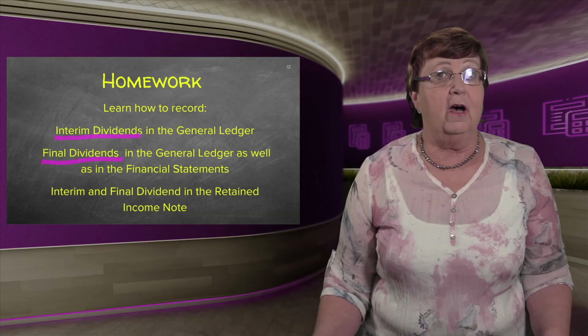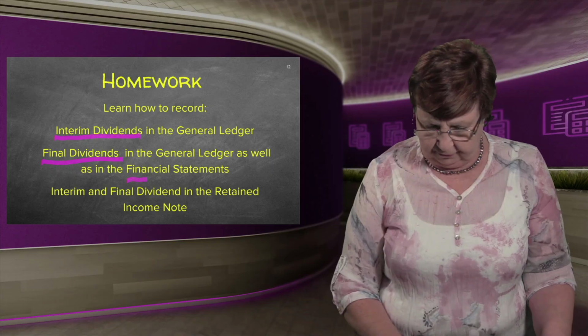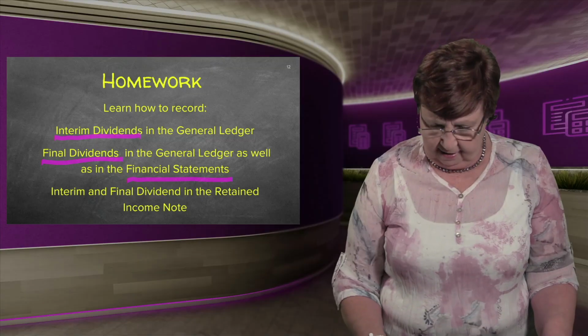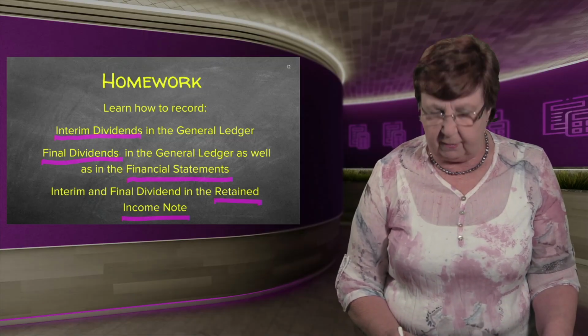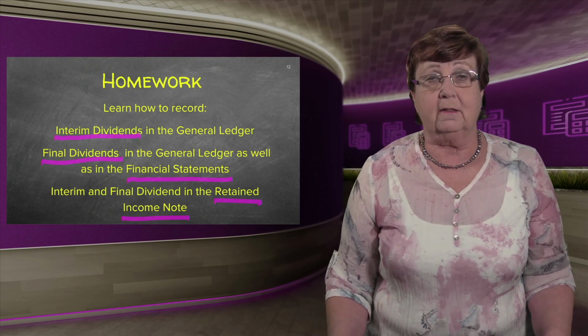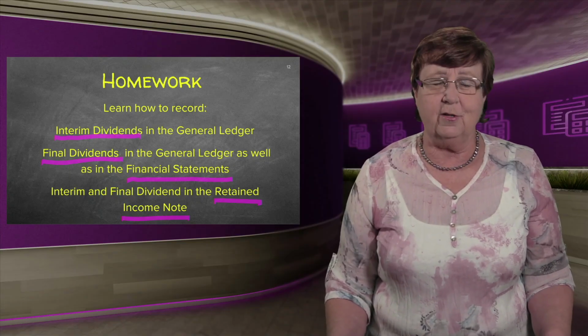And you need to know how to deal with both interim and final dividends in your financial statements. And then lastly, please have a look at your retained income note. So dividends, both interim and final, are shown in the retained income note. And I'll see you next time.